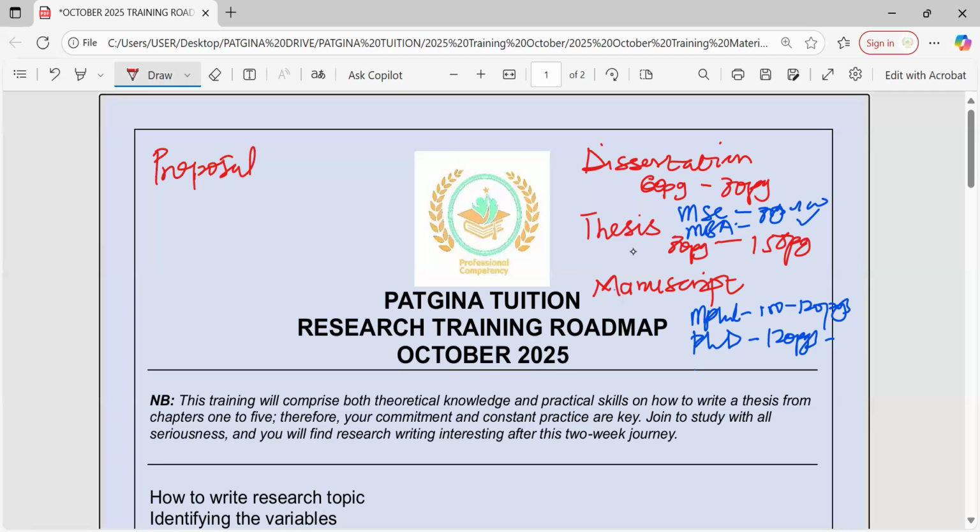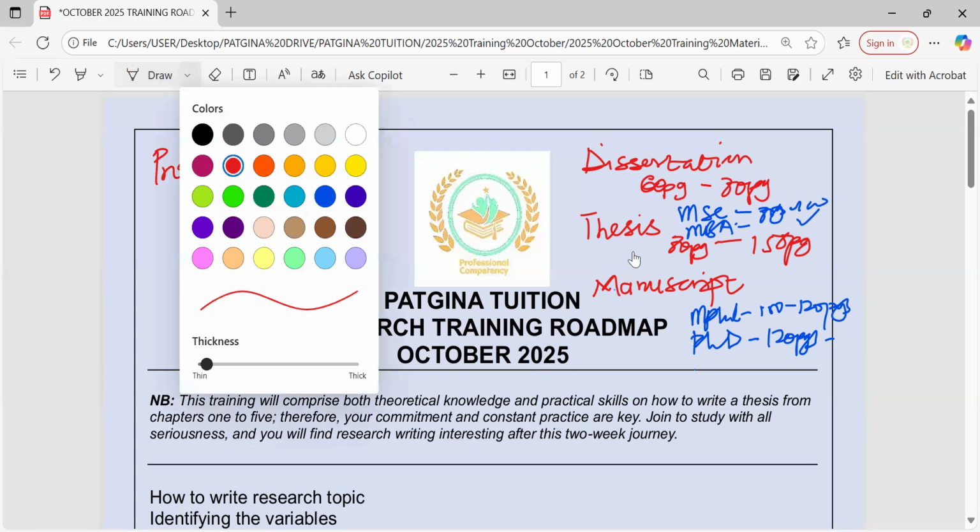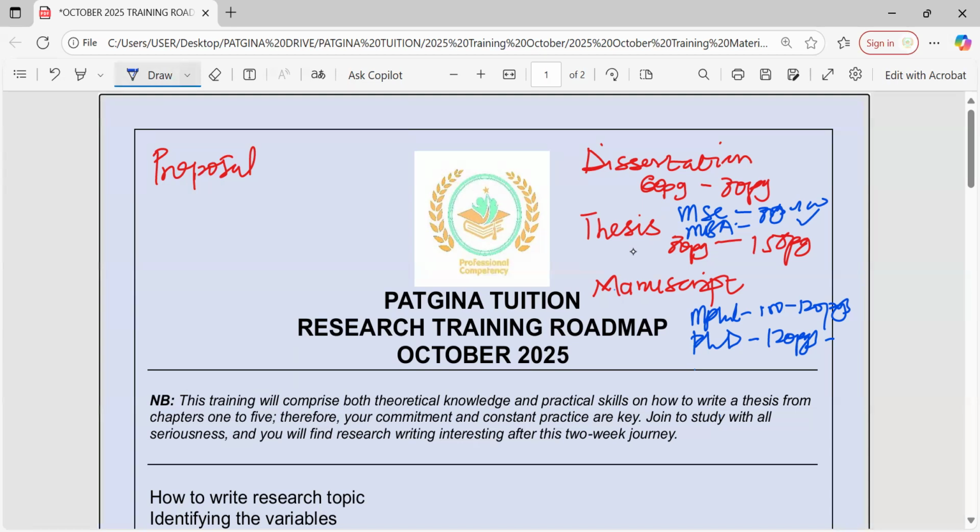I know some of you, your lecturers have said, bring your proposals, and you are confused. How do you write it? In fact, there's one thing I'm going to tell you throughout our training. If you are writing dissertation, thesis, proposal, and even manuscript, you must go and find out from your school their structure.